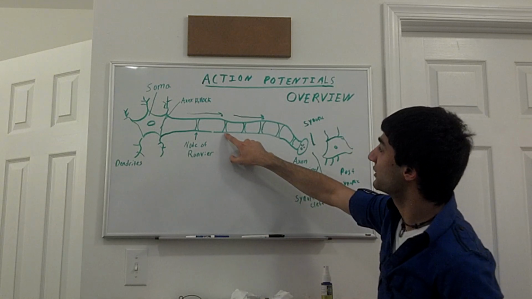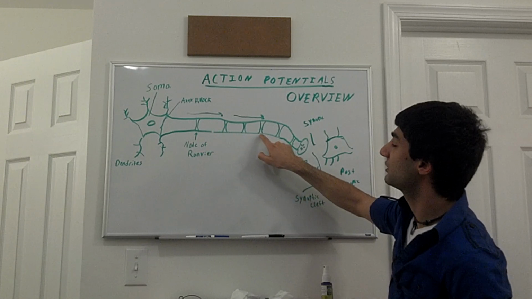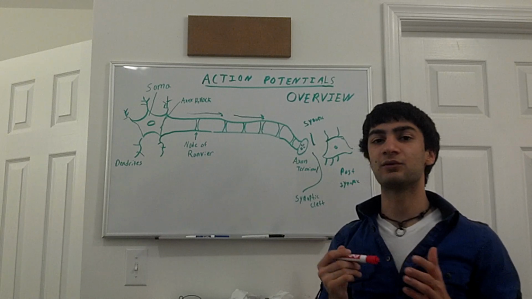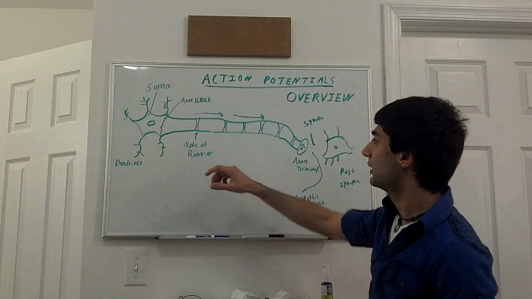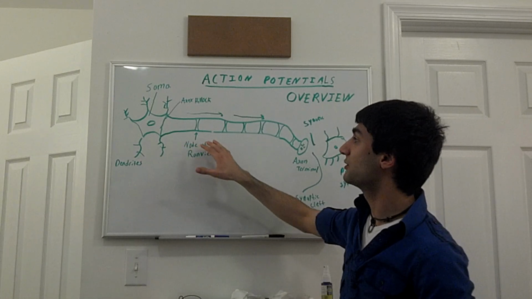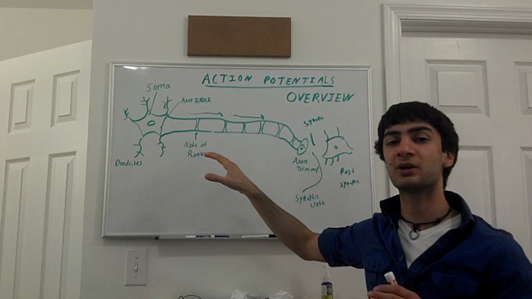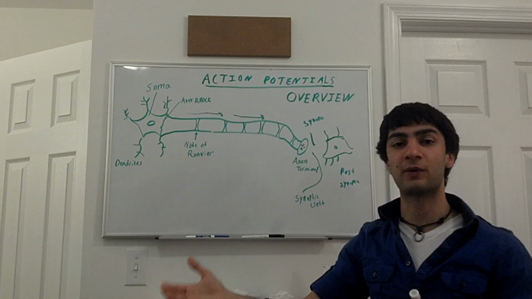You also notice that there are little nodes that are not covered by the myelin sheath. These nodes serve a very important function and are critical to action potential propagation, which I will talk about more in depth. They are called the nodes of Ranvier, and these nodes are the actual sites of channels that open and close, which trigger and propagate action potentials throughout the axon.